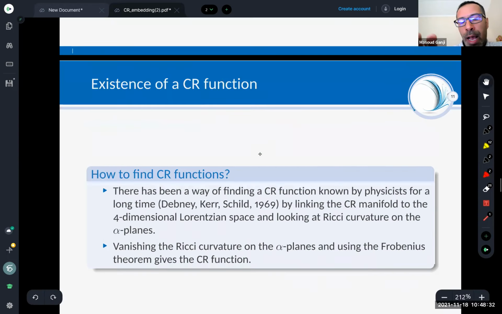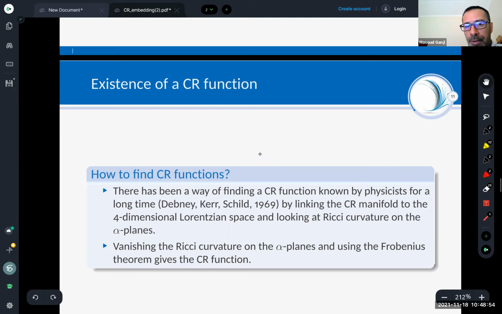So, as I said at the very beginning, we need two CR functions. Finding a CR function has been known to physicists for a long time. They link a CR manifold to four-dimensional Lorentzian geometry and look at the Ricci curvature of the alpha planes.